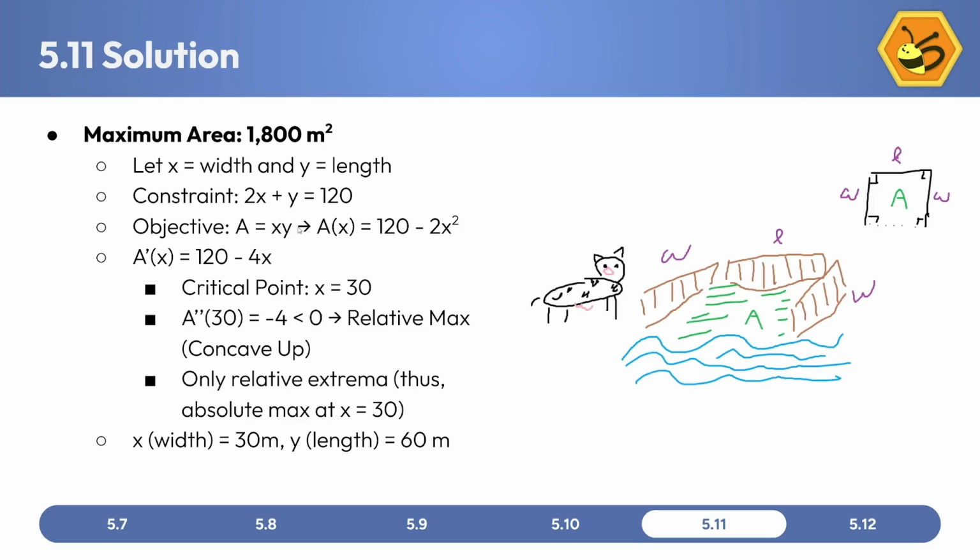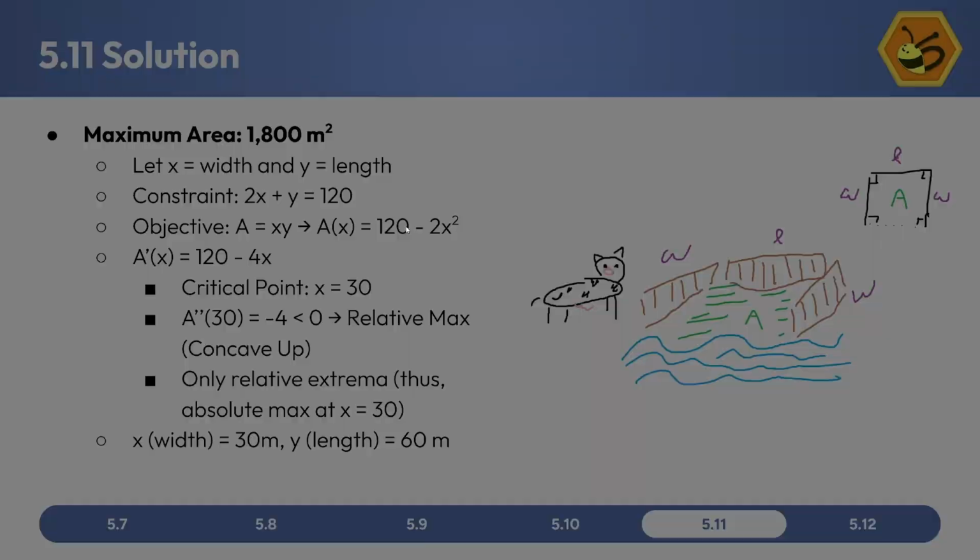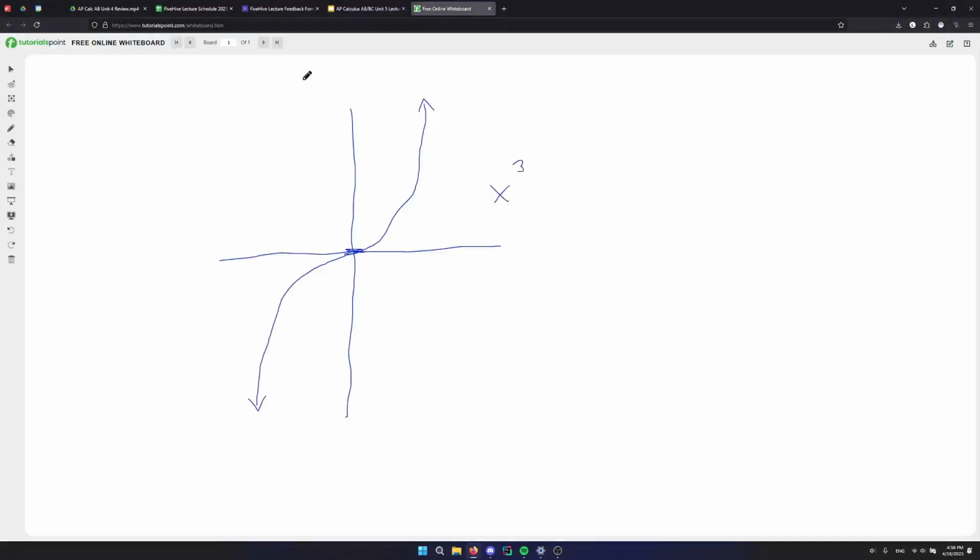So where's the square? Yeah, that's a great question. Since we know that 2 times the width plus our length is equal to 120, if we find what y is in terms of x, we know y is equal to 120 minus 2x.